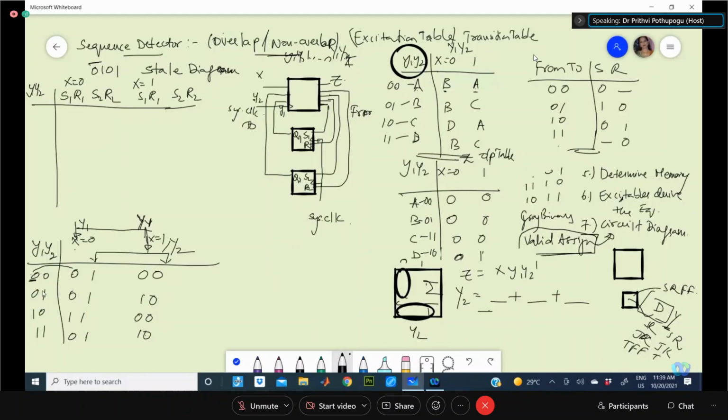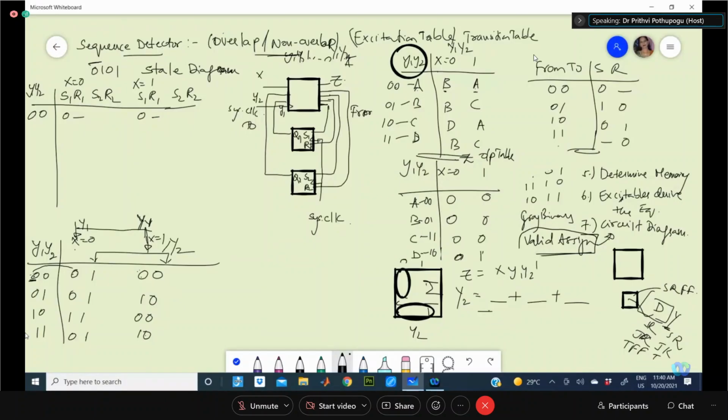So the transitions, how you take is when 0 to 0 on your Y1 and capital Y1, if you take X is 0, what should be S and R value? That is 0, don't care. This one. And same thing, 0 to 0, this one. 0 to 0, when X is 1, 0 to 0. 0 to 0, this is 0, don't care.